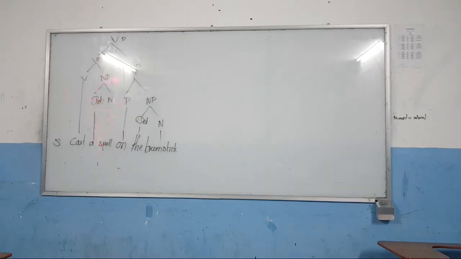So together we got noun phrase in here, right? How about on? On is preposition. The determiner, broomstick, noun. So we got noun phrase. Noun phrase plus preposition, we just got prepositional phrase.